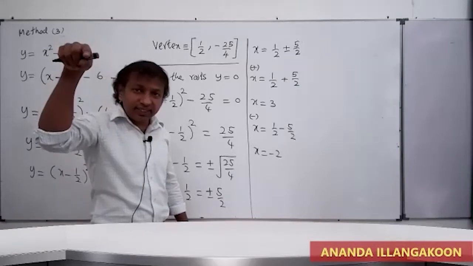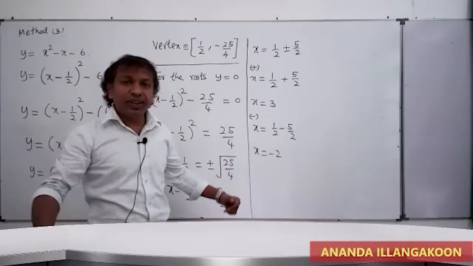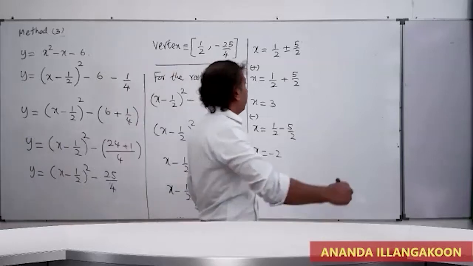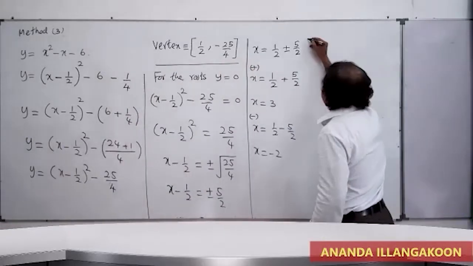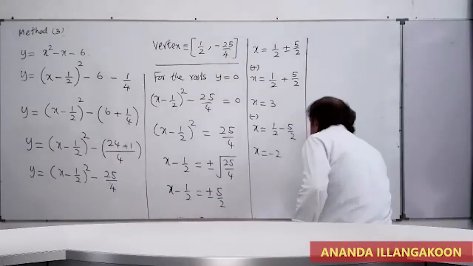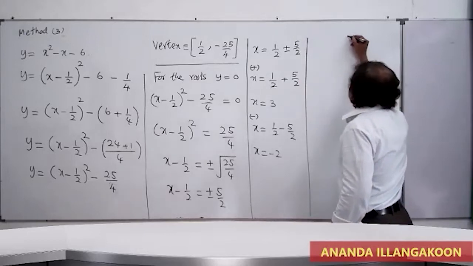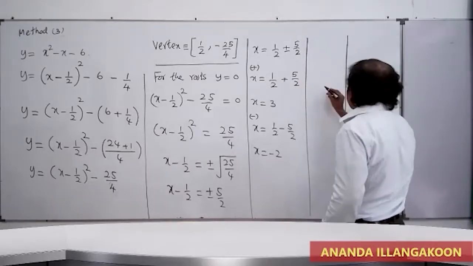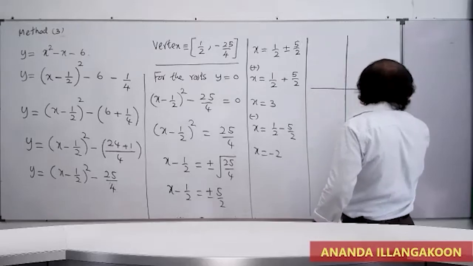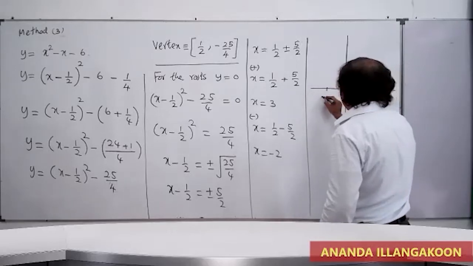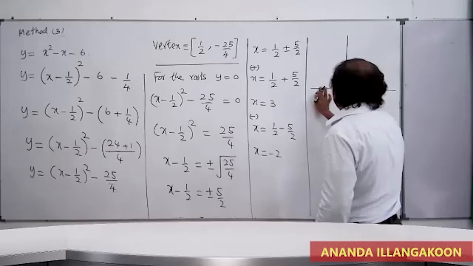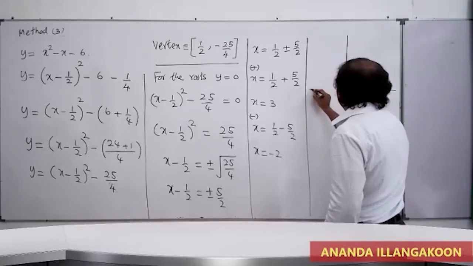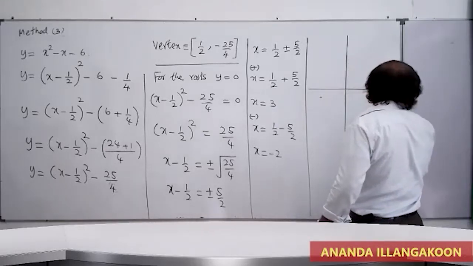Now people, we know the two roots. We know the vertex. We know the graph is a minimum. Now we can sketch the graph. See here, the graph. The two roots, one is minus 2. Rough sketch, people, right? We always need the rough sketch.